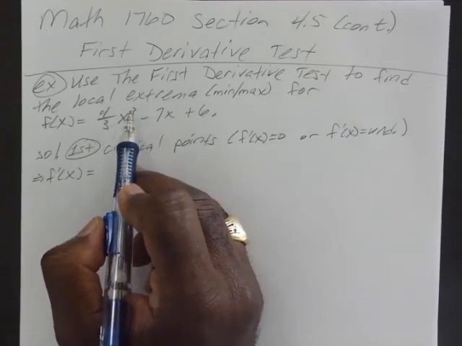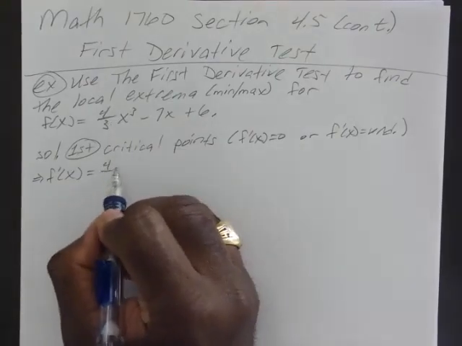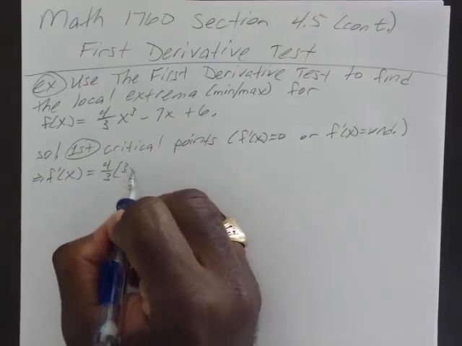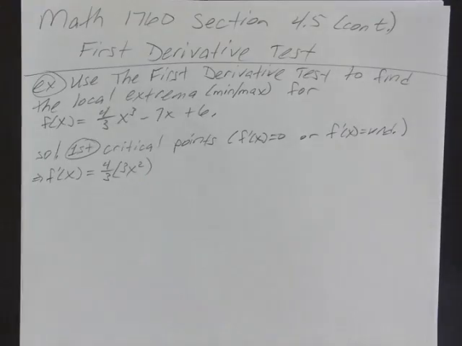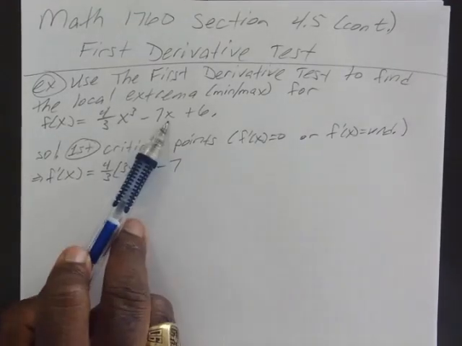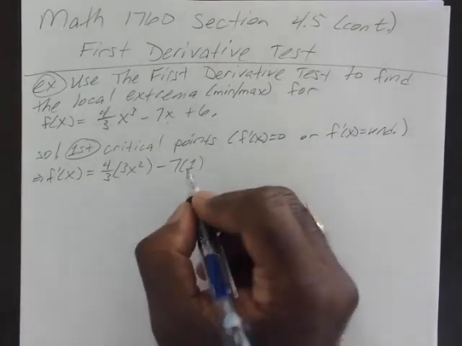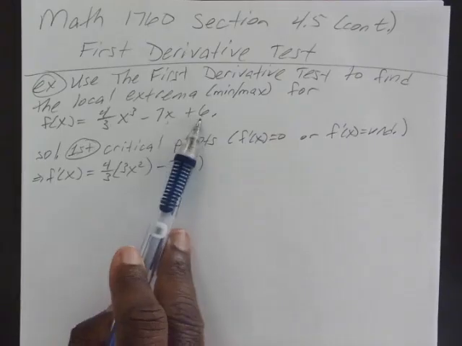third power. The derivative of x to the third power is 3x squared. So we have 4 divided by 3 times 3x squared minus 7 times the derivative of x, which is just 1, plus the derivative of 6, which is 0.